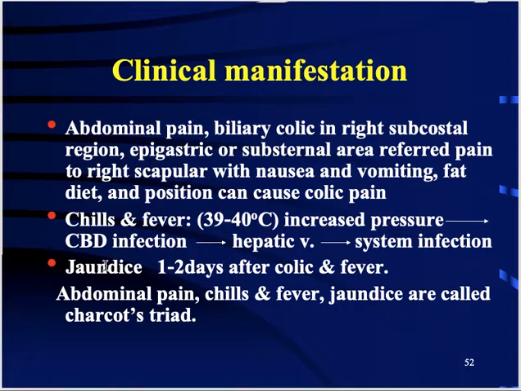Rather, the physical examination can be normal, but most often there is mild epigastric or right upper quadrant tenderness, and you can find jaundice. And if you know the anatomy and functionality of the gallbladder, the liver, the common bile duct, and how they are connected with the pancreas, the things will be quite clear.